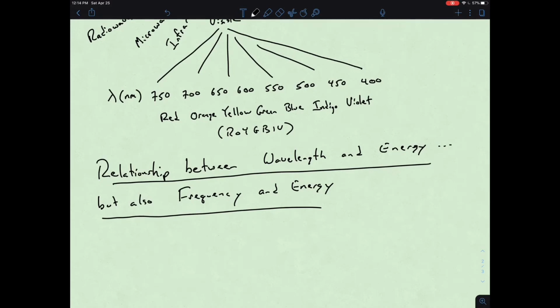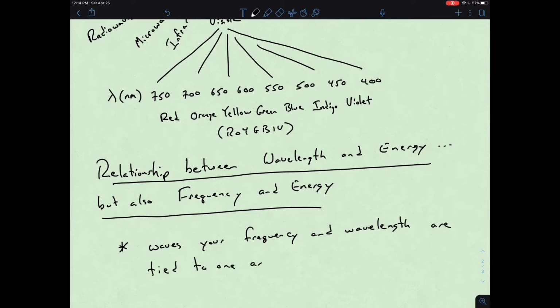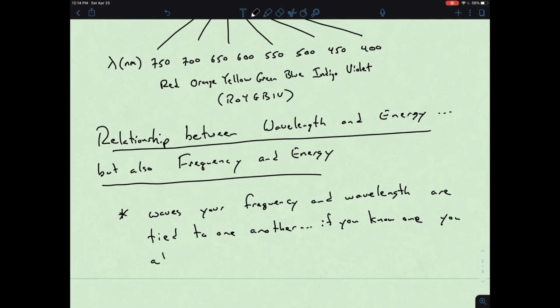In terms of waves, your frequency and wavelength are tied to one another. If you know one, you automatically know the other.